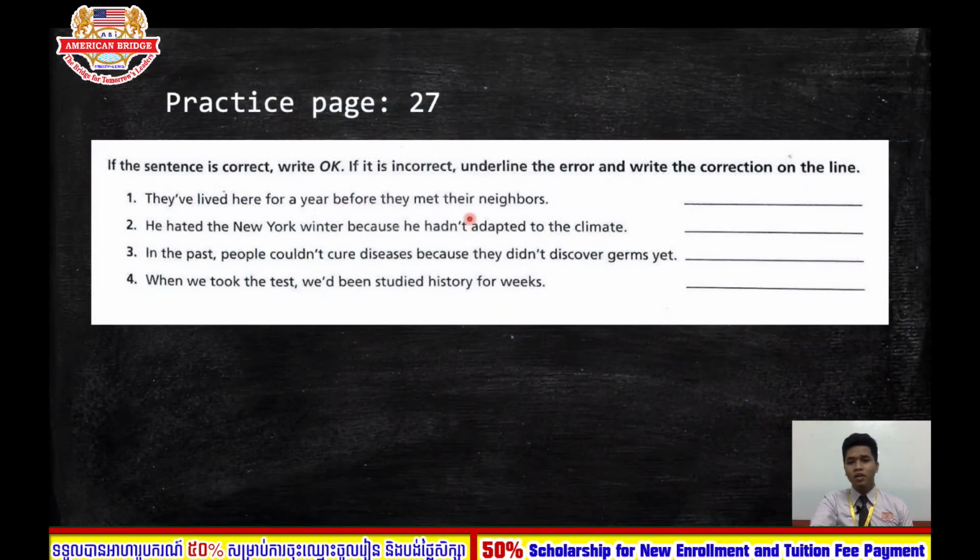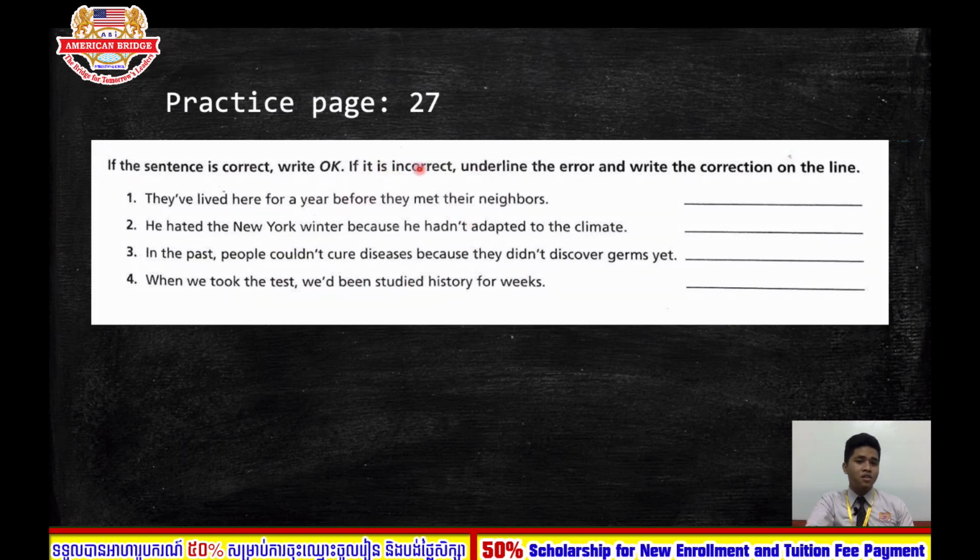So now everyone, after you learn some of the form, some of the usage, here is some practice exercise. This exercise you can find in your book on page 27. So now let's do this exercise all together in order to make sure that you can catch up with the lesson that we learned today. In the sentence, if the sentence is correct, write okay.